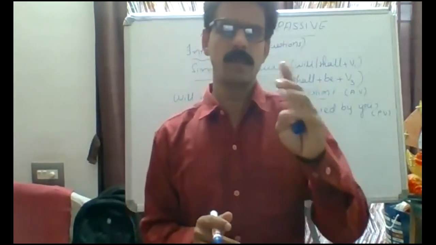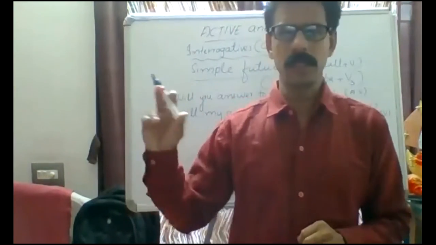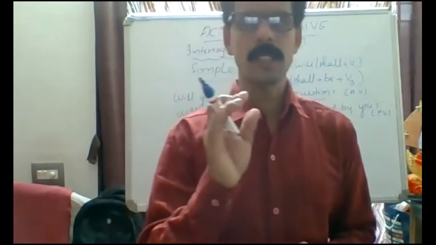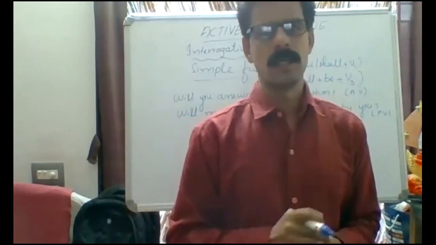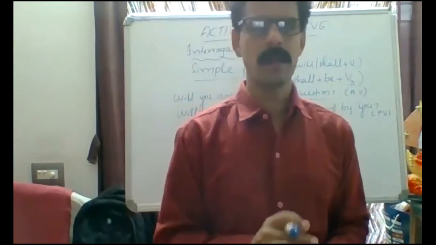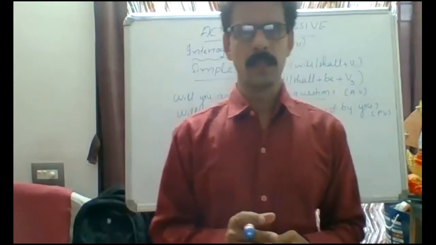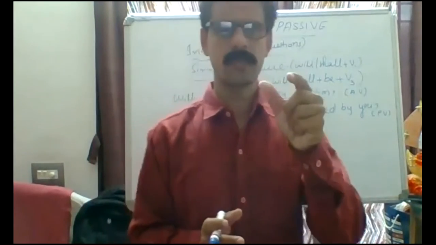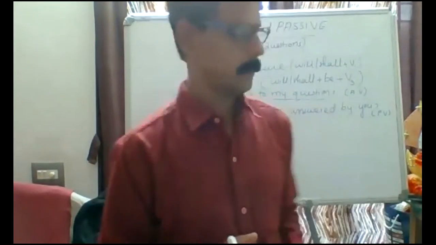The helping verb in the simple present is is, am or are. In simple past, it will be was and were. In simple future, it is will and shall. It is already there in the active voice too. There is no more confusion. So keep this gist in mind.